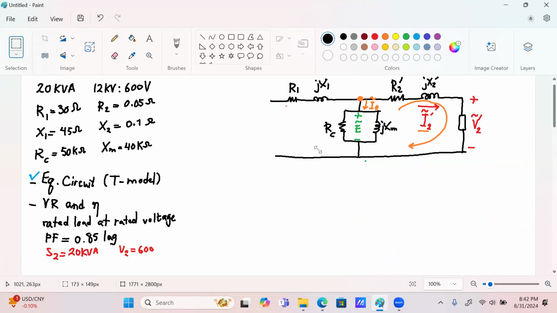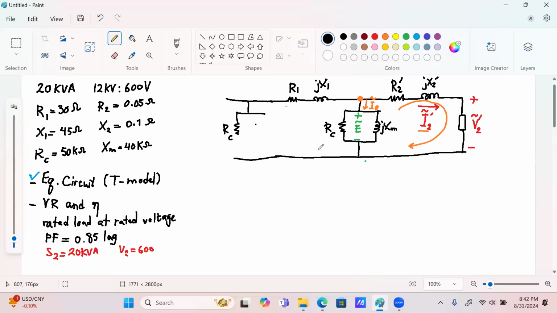And what's going to happen is I can work with the simpler model in which I have my R of C and jX of M at the beginning of the circuit. I have my V1 tilde, I have my I1 tilde.